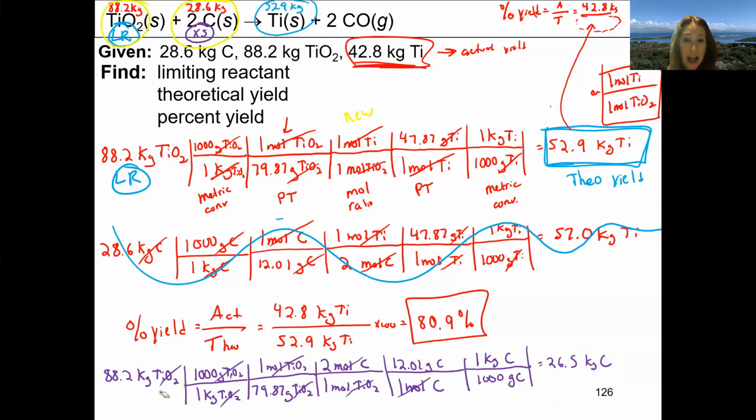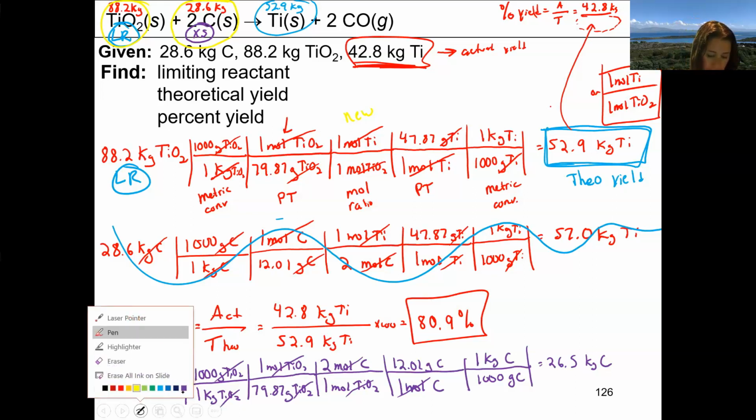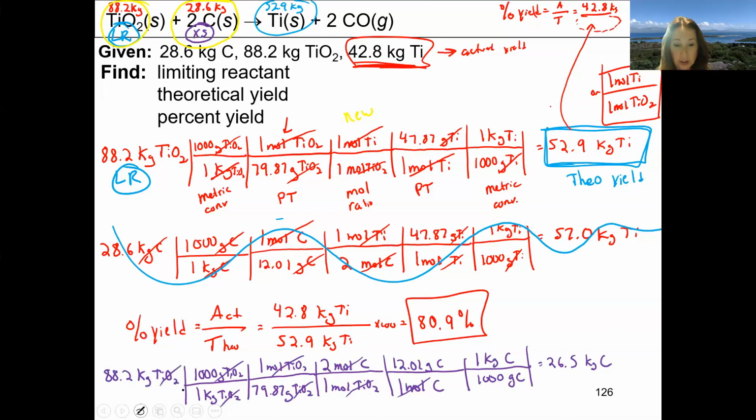If I want to know how much carbon is left over, all I need to do is take how much I started with, which was 28.6 kilograms, the amount started with, and subtract the amount we actually used, the amount used.